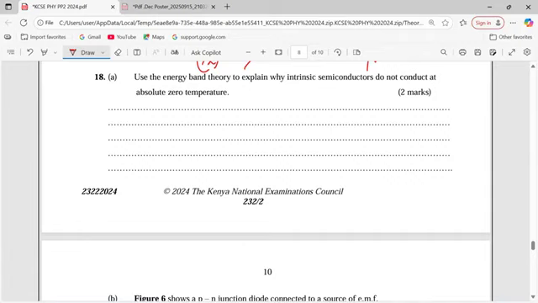Therefore, in these ones, there usually exists what we call a forbidden zone, whereby we have a valence band and a conduction band. Then we have the energy gap here. The energy gap at that point.